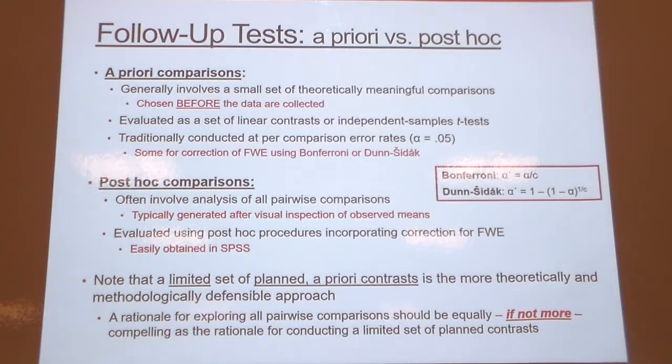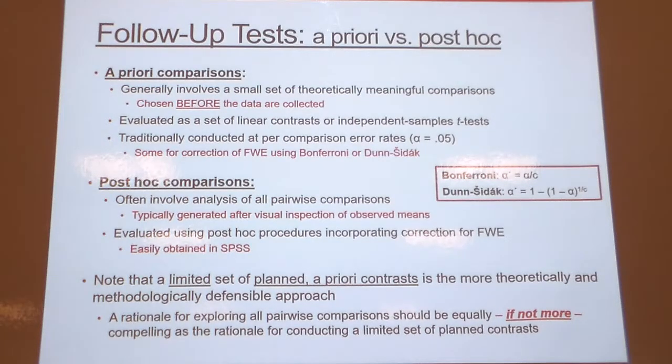So a priori comparisons, small number of meaningful comparisons, right? Sometimes we correct using Bonferroni or Dunn-Sidak. If we've got maybe 3 or 4 a priori comparisons that we've made, we still have some concern about possible type 1 error.